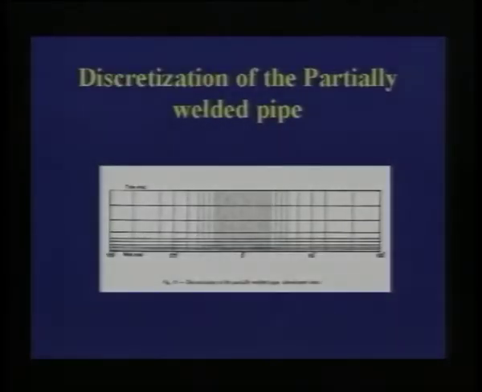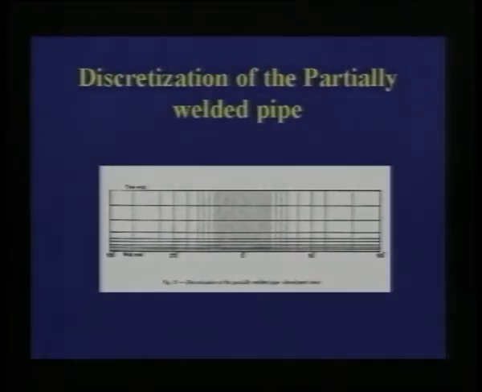Now this is the discretization of the welding that we see. Now this is a thin shell process. Actually you can see very fine mesh along the regions where it is being welded.